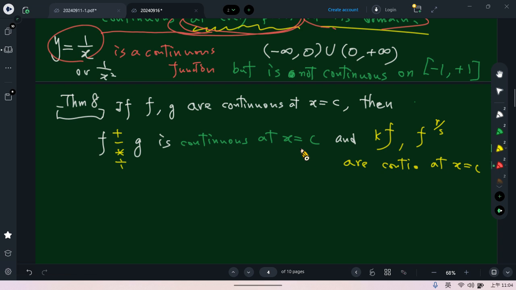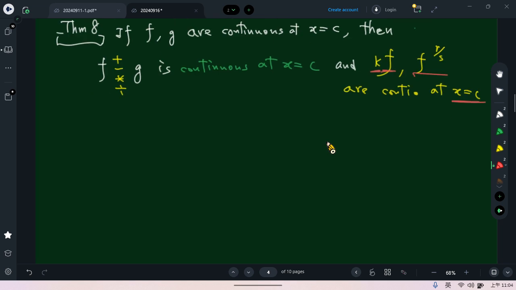And also using a constant k times f, or taking its power, like f to the power of r over s, it is still continuous at this point. Okay, maybe it's very intuitive.